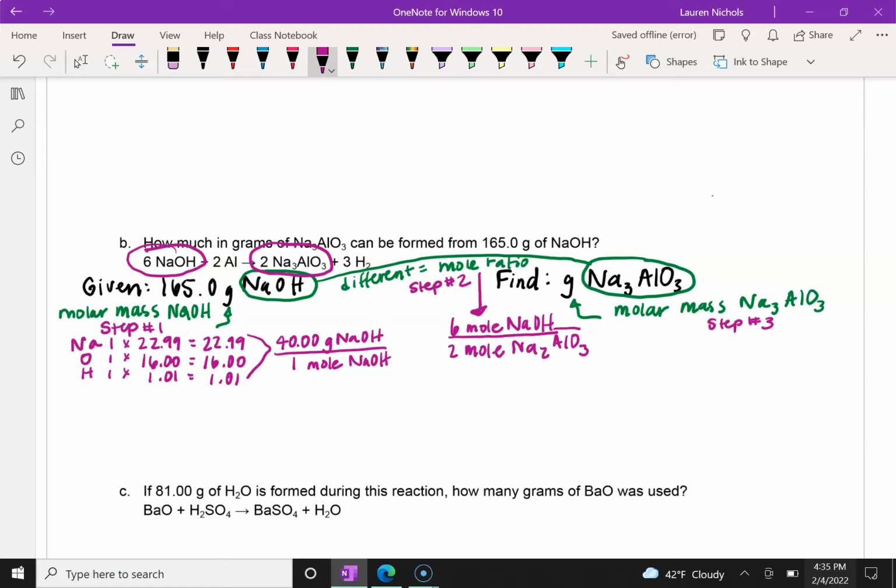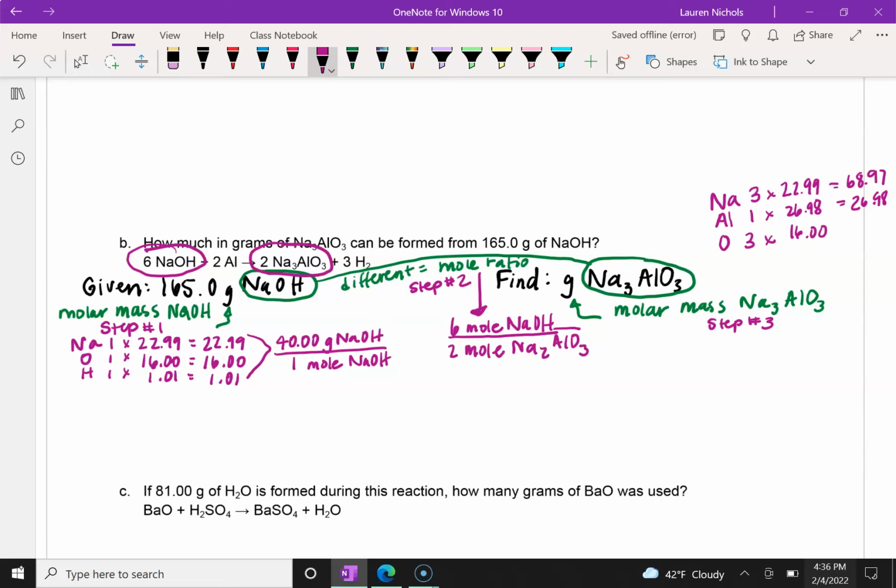up here. So we have sodium, aluminum, and oxygen. We have 3 sodiums, 1 aluminum, and 3 oxygens. So we multiply by their mass on the periodic table. Sodium is 22.99, aluminum is 26.98, and oxygen is 16. So 3 times 22.99 is going to give us 68.97. This will stay the same.